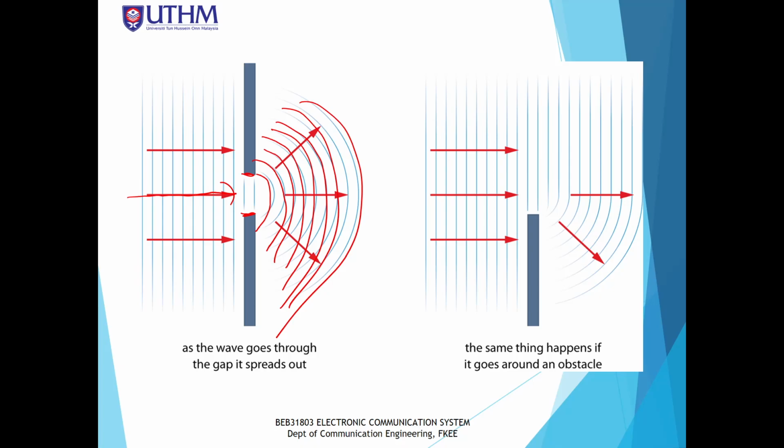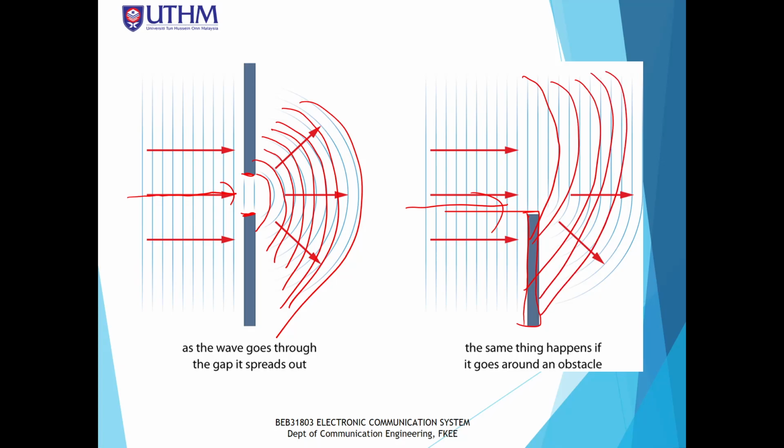And also when the wave hits the edge of the object, apabila gelombang itu melanggar bucu objek, the signal energy will be redistributed. Dia akan berubah distributionnya. This is diffraction, serakan gelombang.